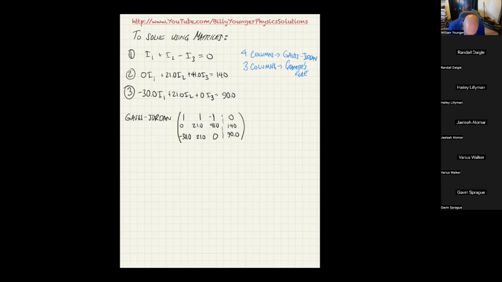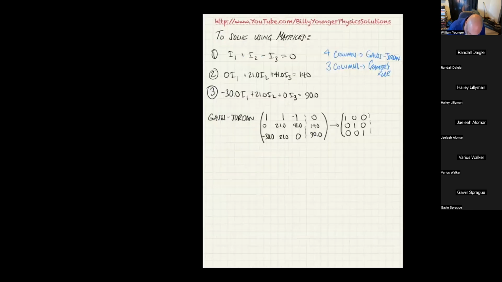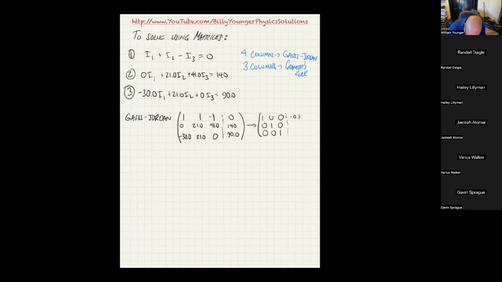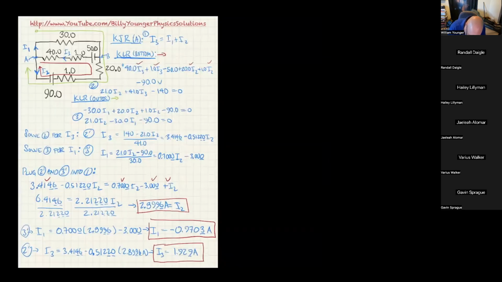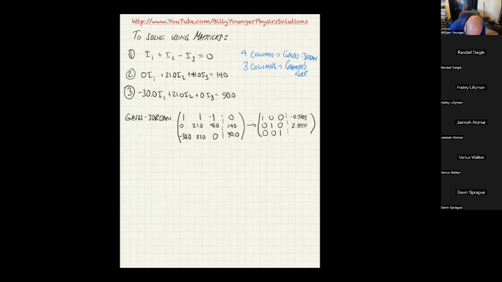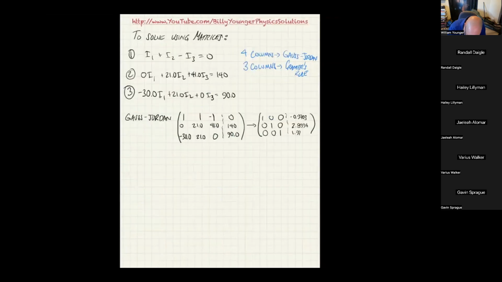And you slowly transform that into 1, 0, 0, 0, 1, 0, 0, 0, 1, and what would happen is you'd get negative 0.9703 and 2.8996 and 1.929.